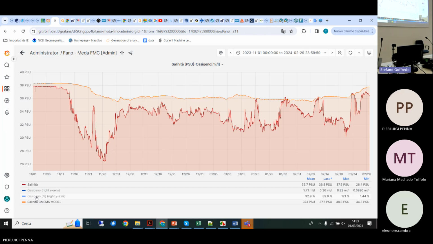But salinity 26, okay, could be. Yes, we have to see. I don't know this kind of thing. We have to know technical, weight, and local situation. The model would be very perfect to understand what's happening. Okay? But there is another phenomenon.